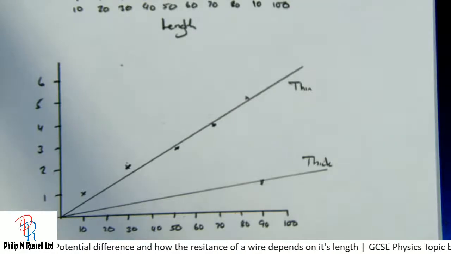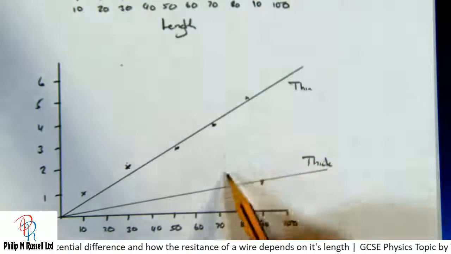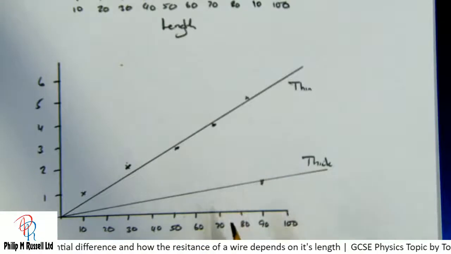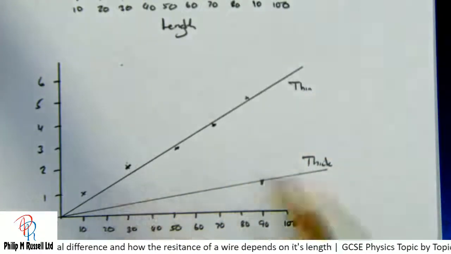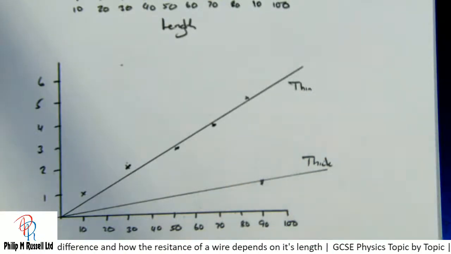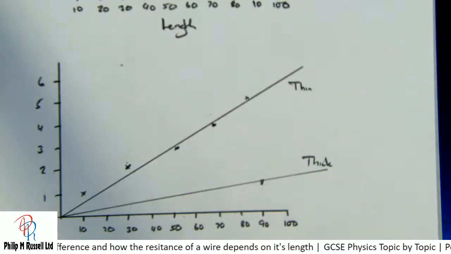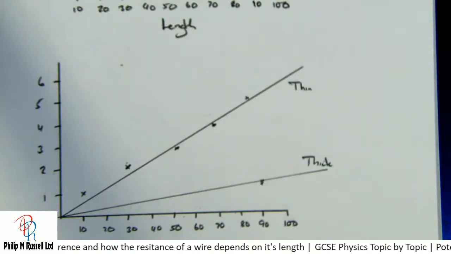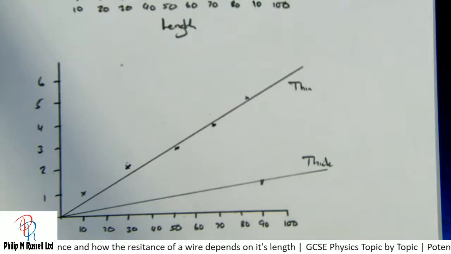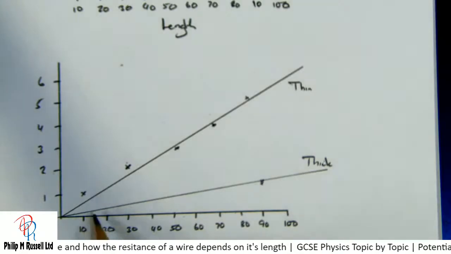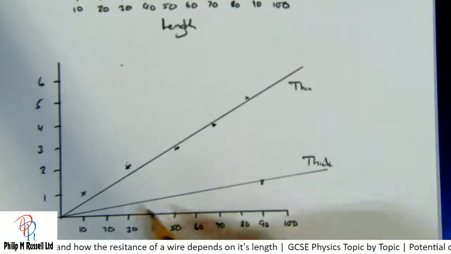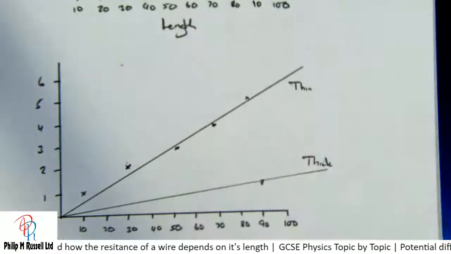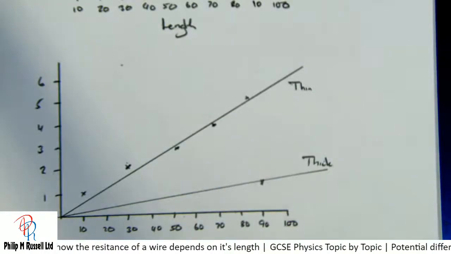And I plotted 1 point there. But what we can see is there is a linear relationship. What we can see is that basically as we increase the length, so the resistance also increases.